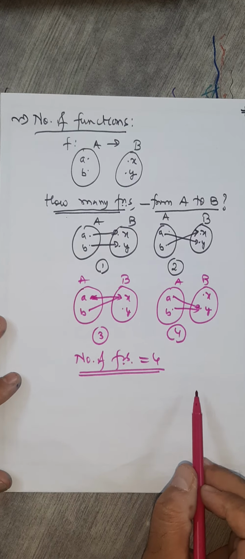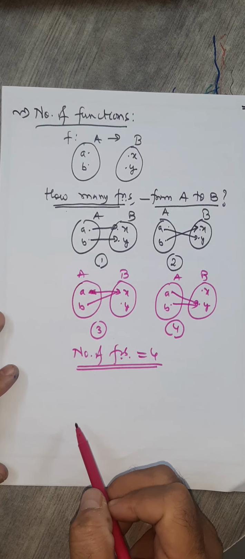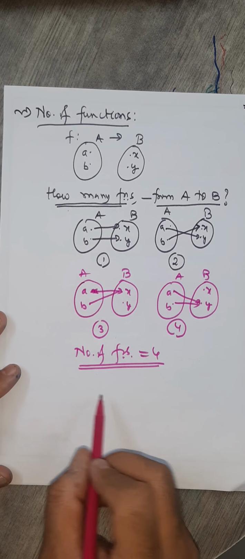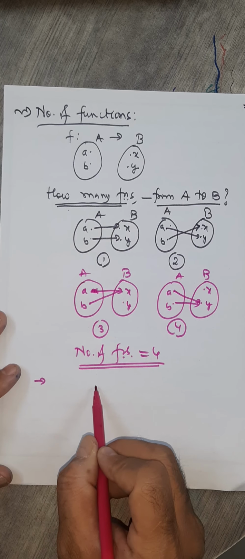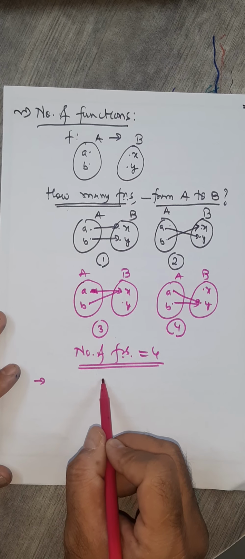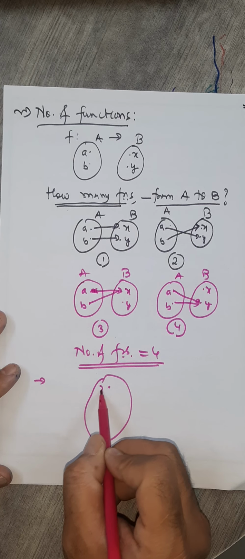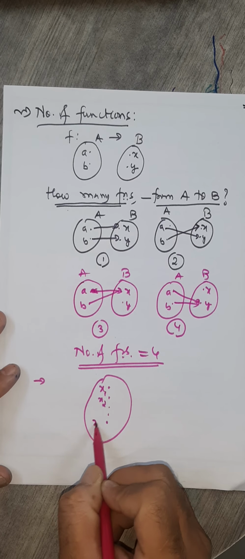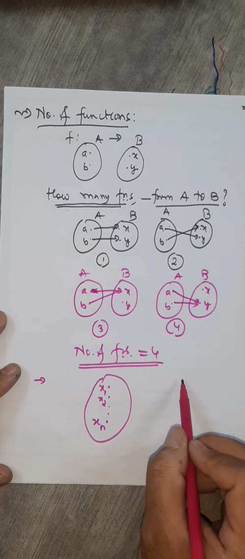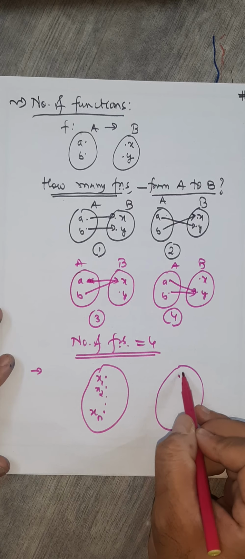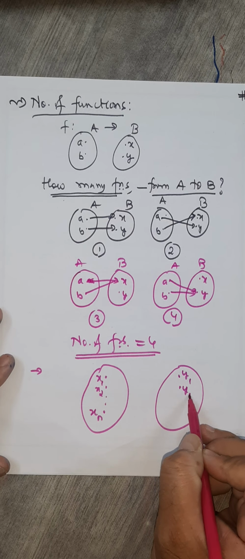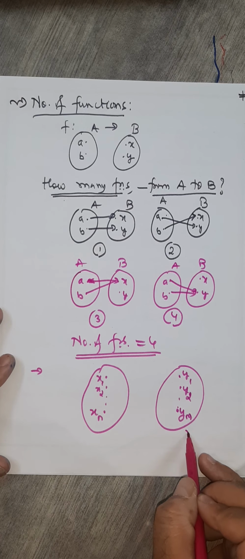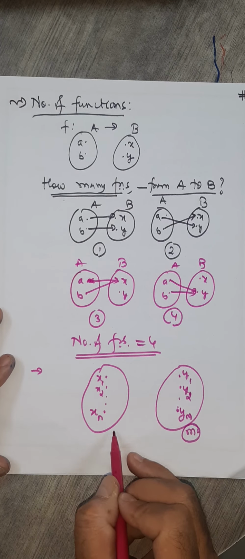But here the number of elements was 2, so you could do it very easily. If you have more elements, then in general this is the formula. Suppose here I have x1, x2 up to xn, n members. The other set B has y1, y2 up to ym, m members.